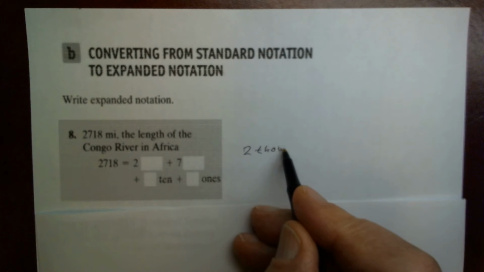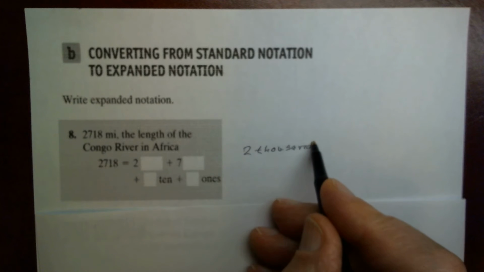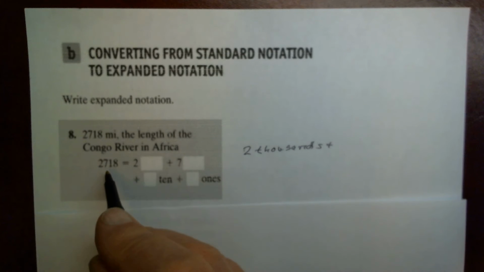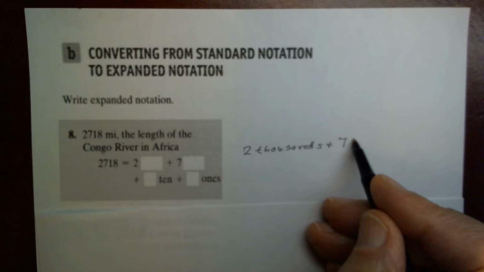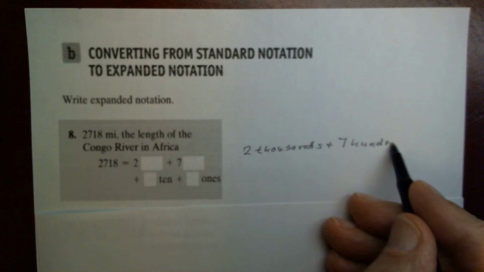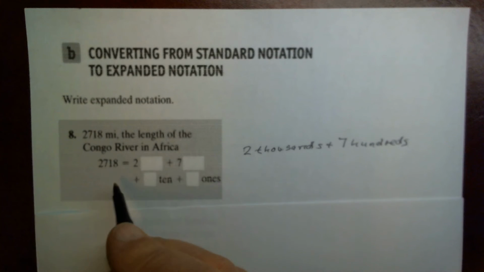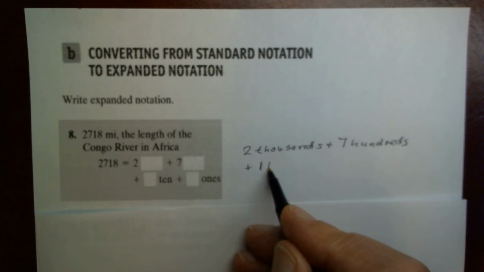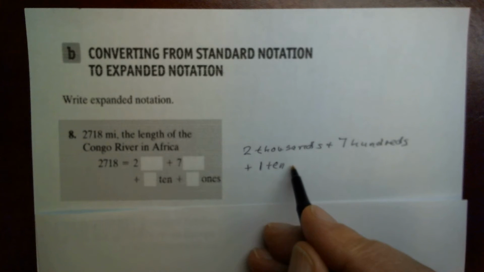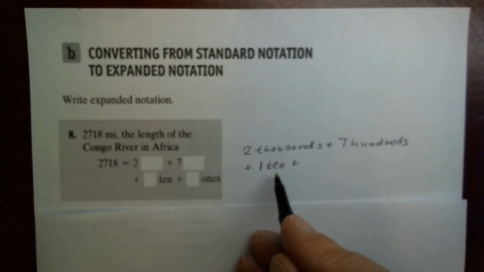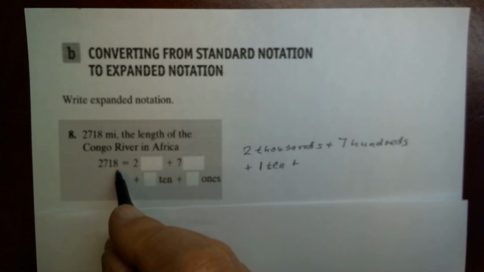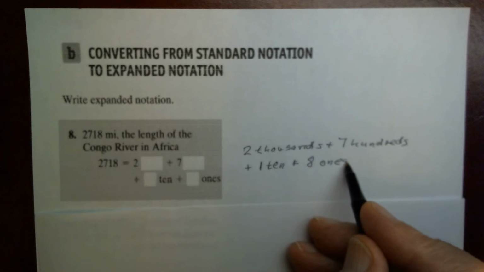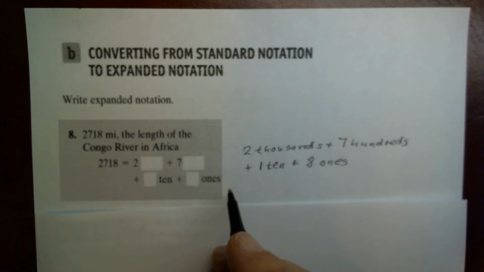So 2,000s, and 700s, and 1 ten, and 8 ones, the last one, 8 ones. So that's what it means writing a number in expanded notation.